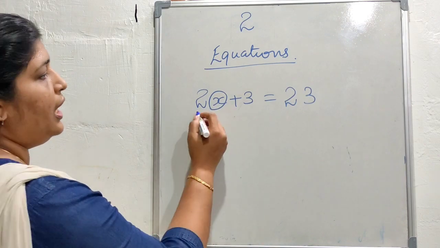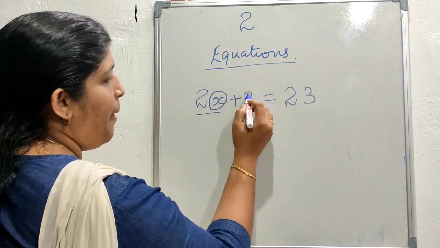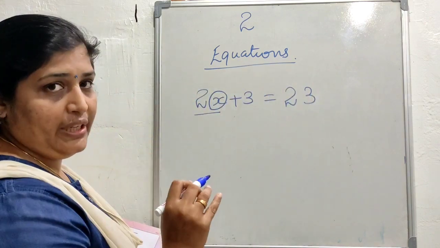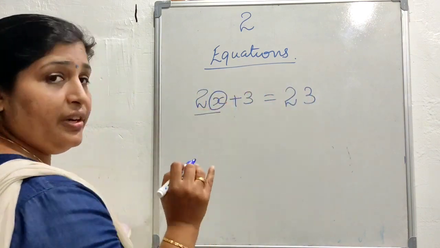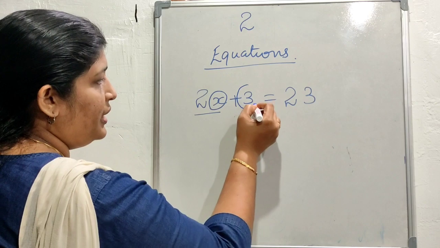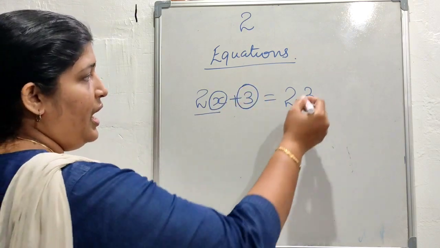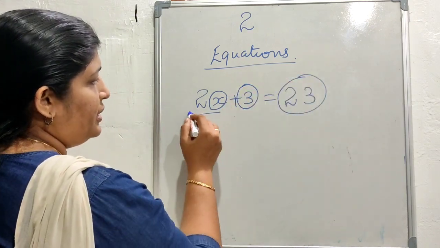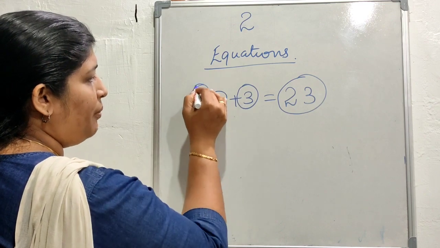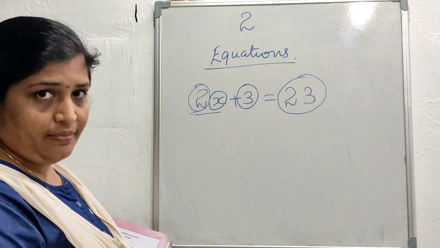Here we have 2x plus 3 is equal to 23. One number is 3, the other number is 23. In 2x, 2 is a number and x is a variable.